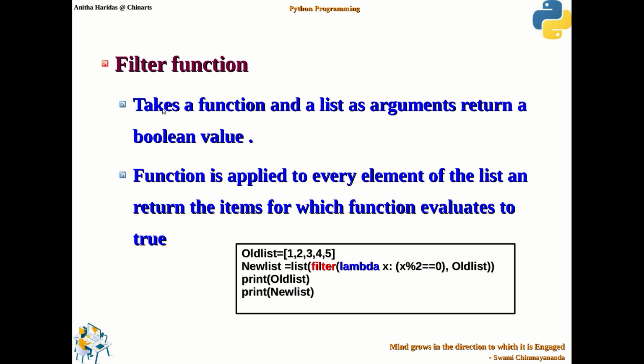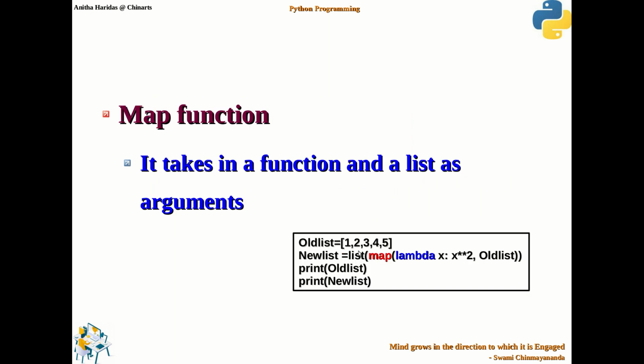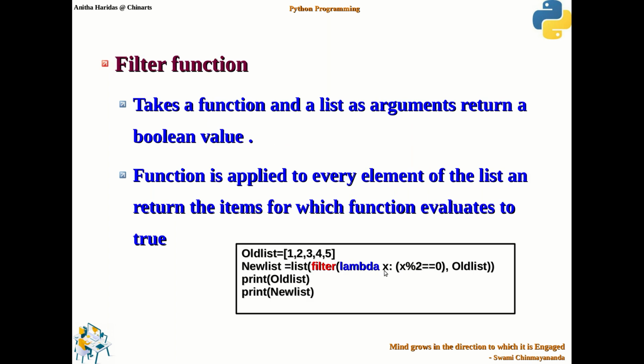The filter function takes a function and a list as arguments, and returns a Boolean value. So here it is going to return a list, but here it is going to return a Boolean value. You can observe here I have a lambda and I am going to have it as a function. Then I am passing a list value also.